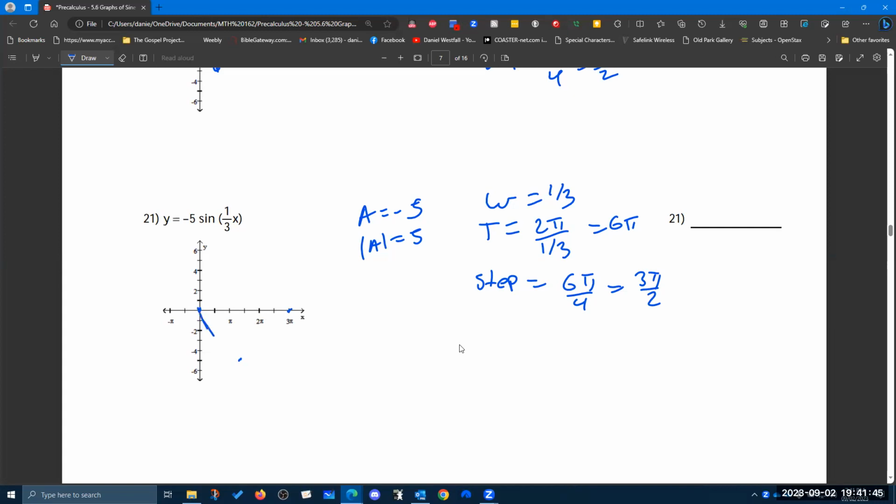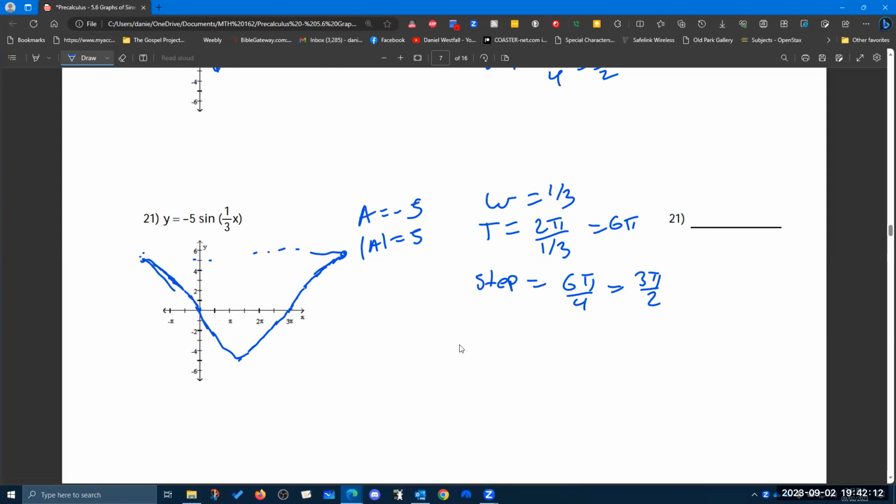So this is going down and up, and it's going up over here to 5, somewhere off the graph, and it's going up over here to 5 off the graph at -3 pi over 2.